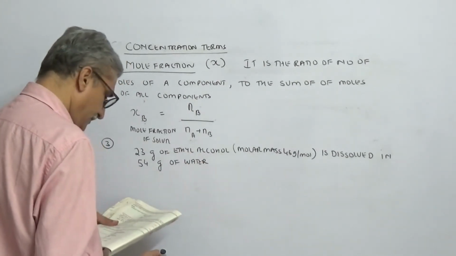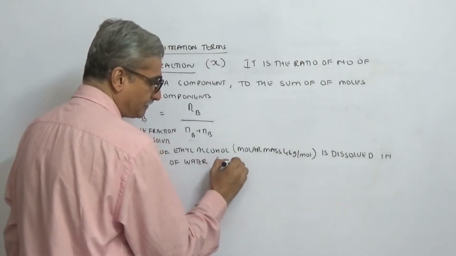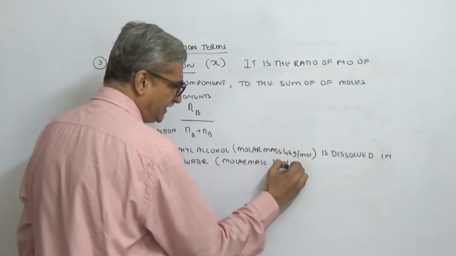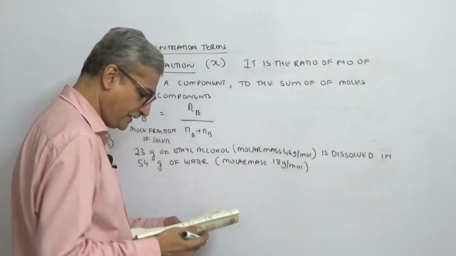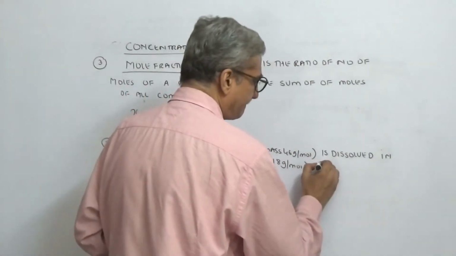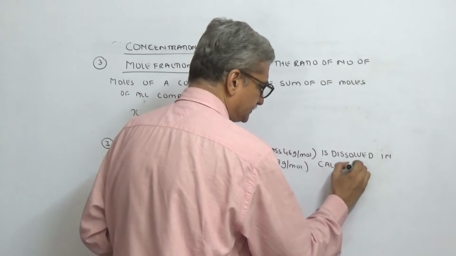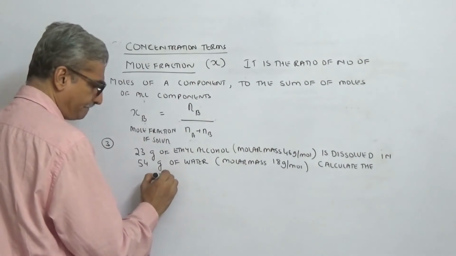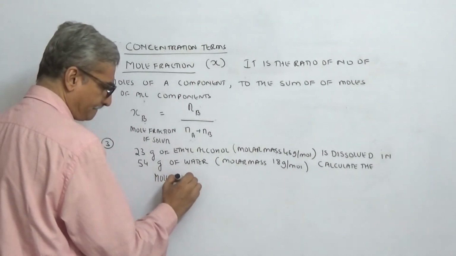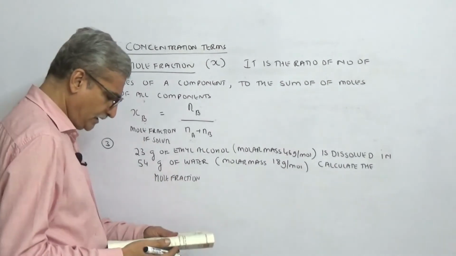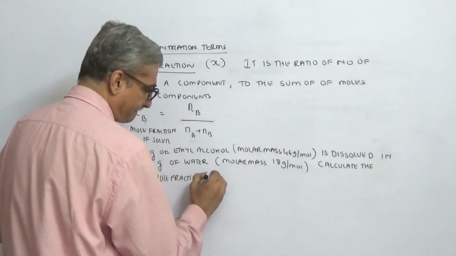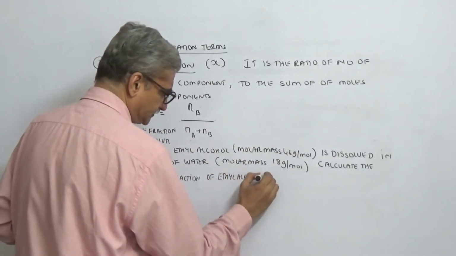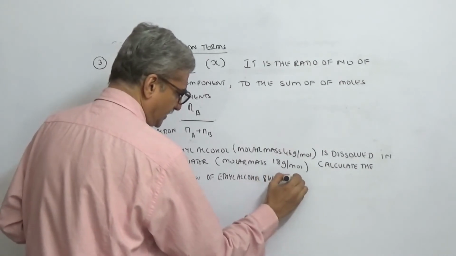Molar mass is 18 gram per mole. Calculate the mole fraction of ethyl alcohol and water in solution.